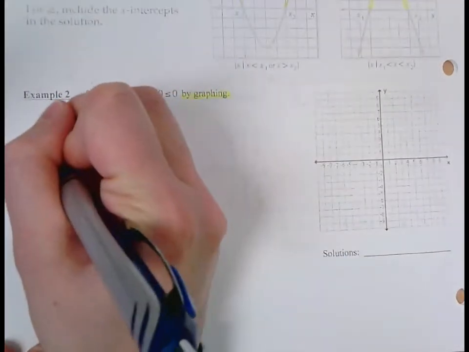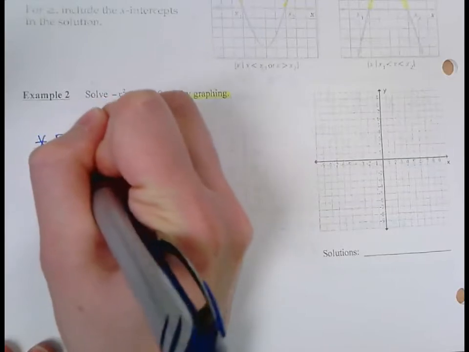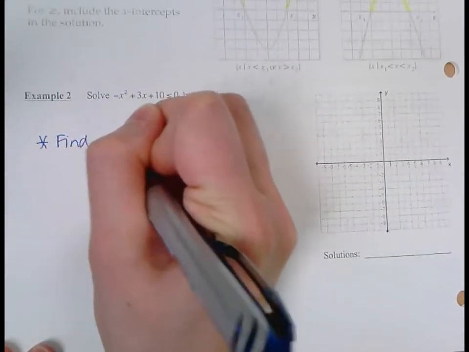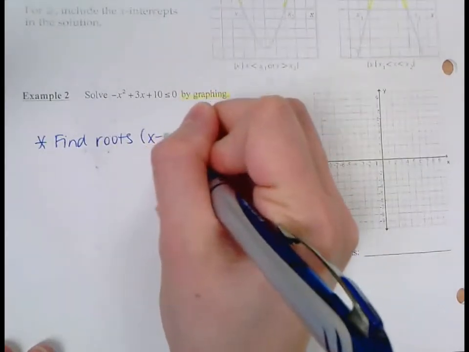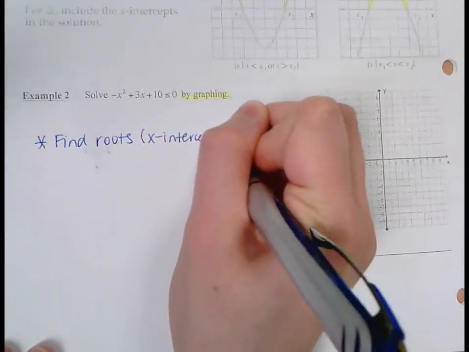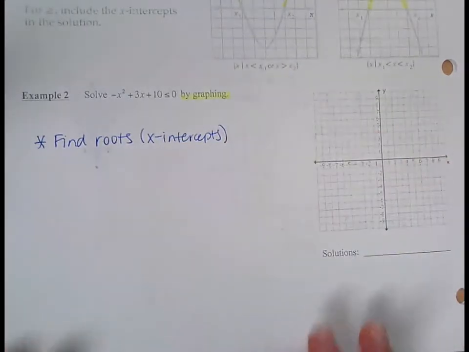What you first want to do is find your roots, which again, the roots are the x-intercepts on the graph. Because if you look at what we just talked about, you need to know what the x-intercepts are. So find those first.